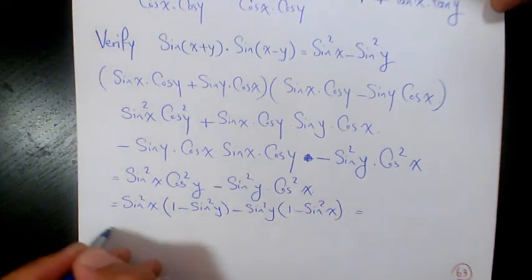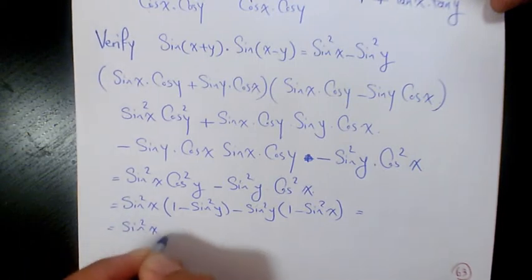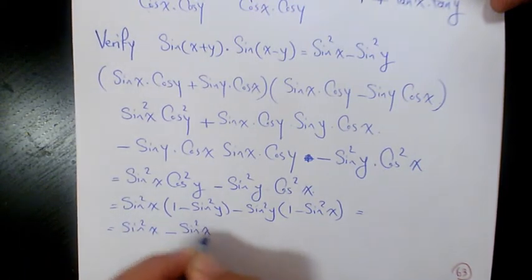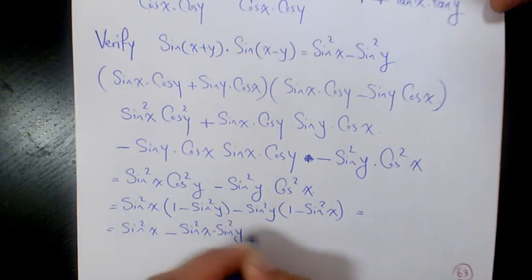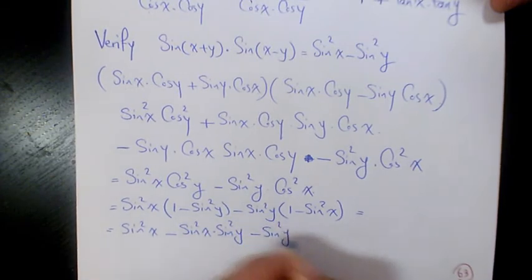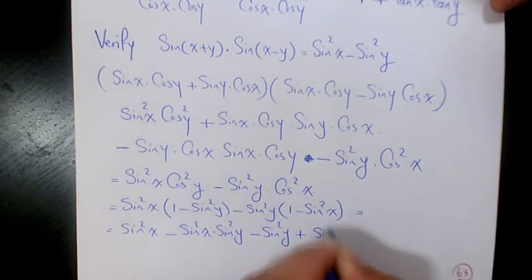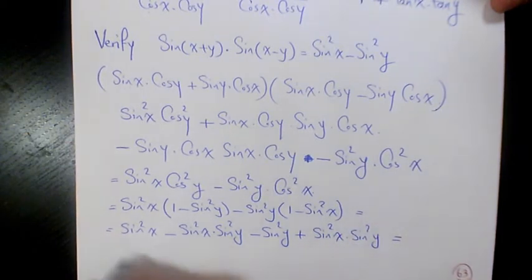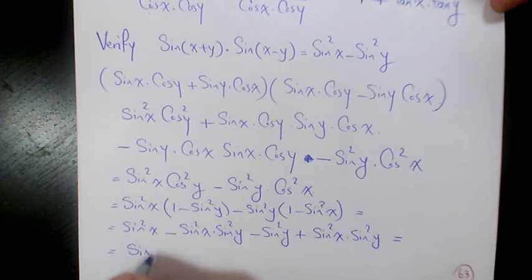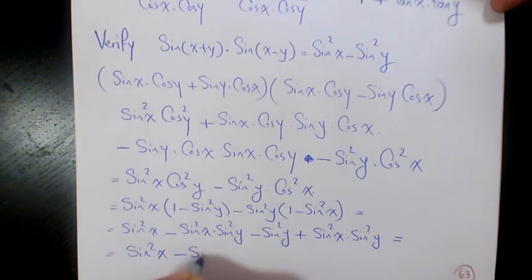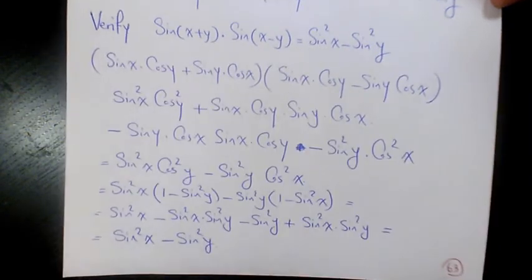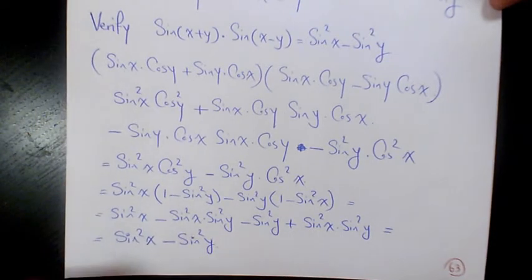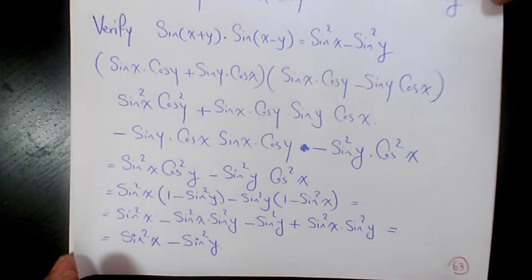So that's going to be sine squared x minus sine squared x sine squared y minus sine squared y plus sine squared x sine squared y. These two cancel out, and we're going to have sine squared x minus sine squared y. That's basically the final answer.